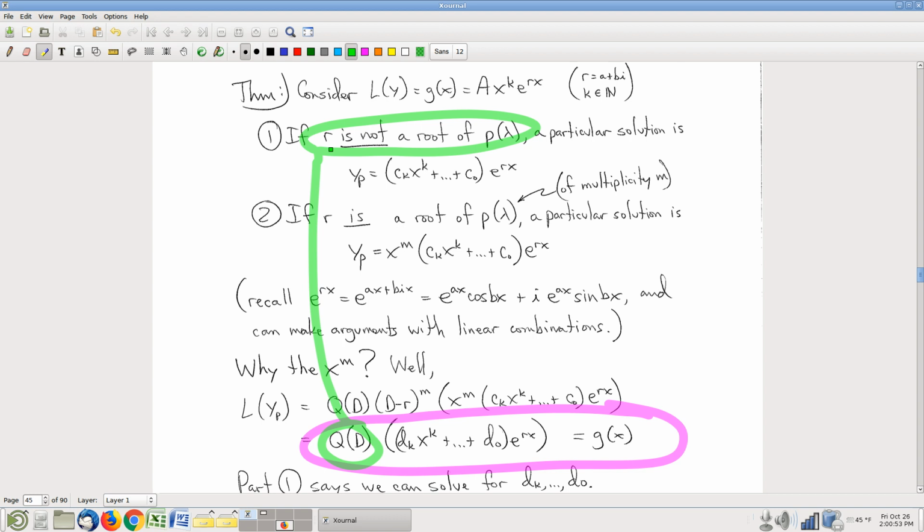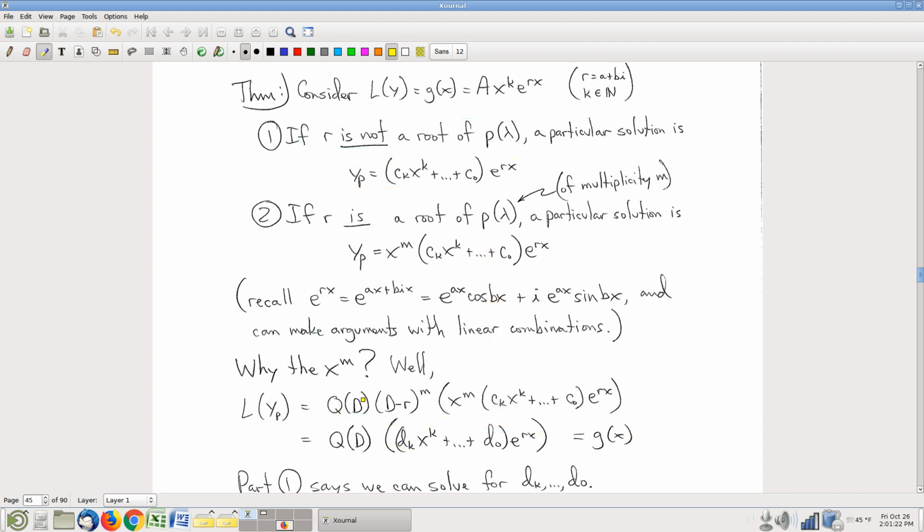So r is not a root of this, and we've already argued plausibly that things that look like that will solve these differential equations. So the idea is you can use the naive guess to solve this differential equation down here. Once you know what the d's are, you can back solve for the c's. So that's the big idea. These x to the m's are what allow you effectively to get rid of the awkward D minus r factors, thus leaving you with the naive case.